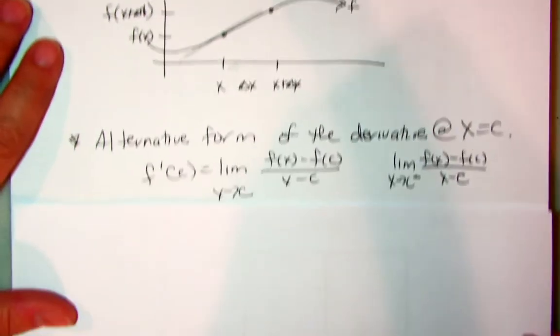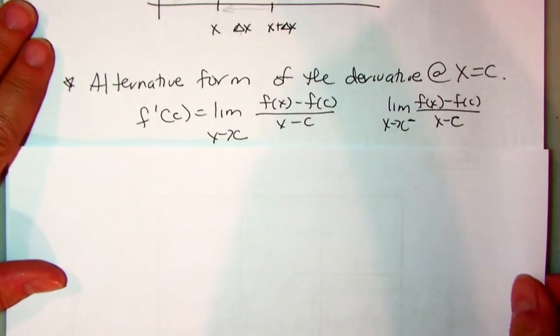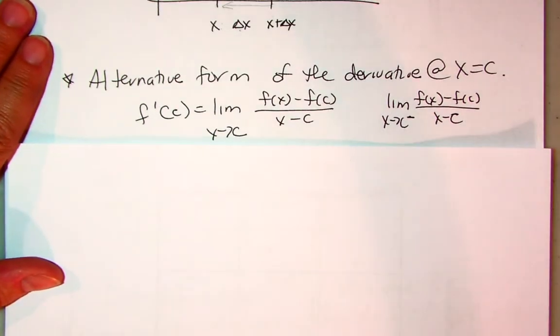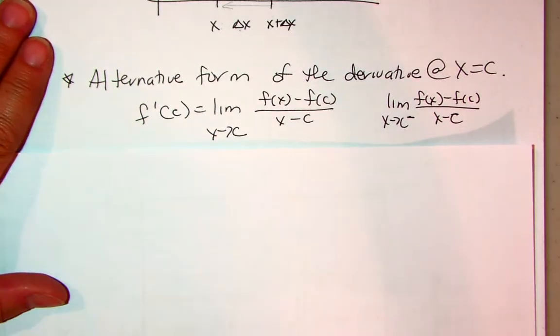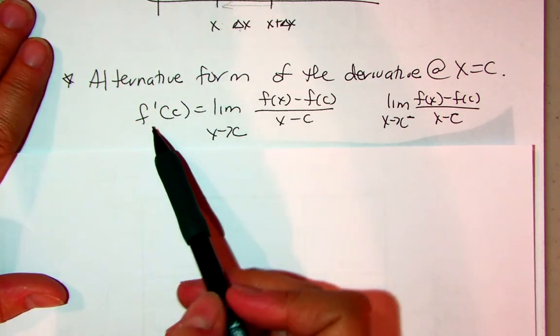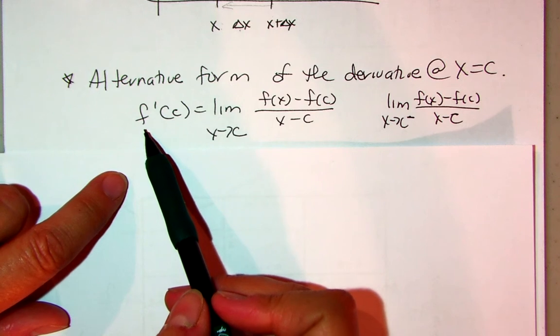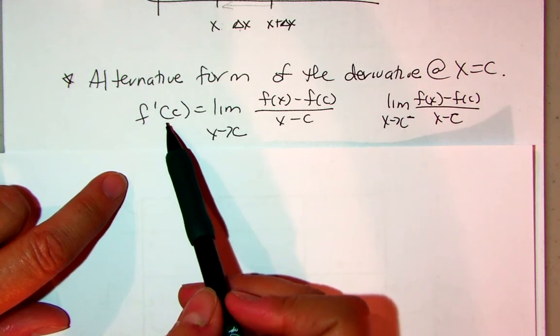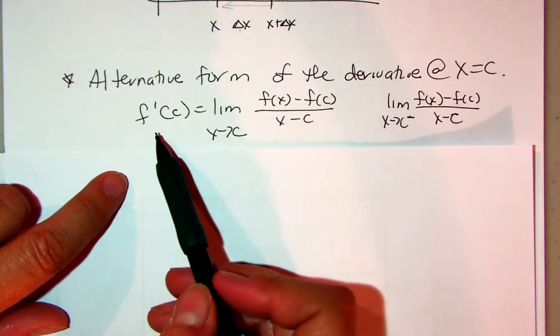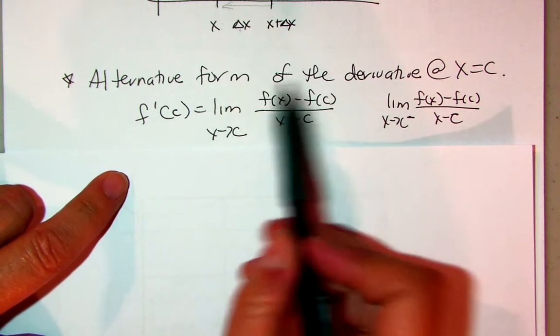So tonight we're going to have the alternative form of the derivative at x equals c, at a particular value. The slope of the tangent line to the graph of f at c is this limit definition.